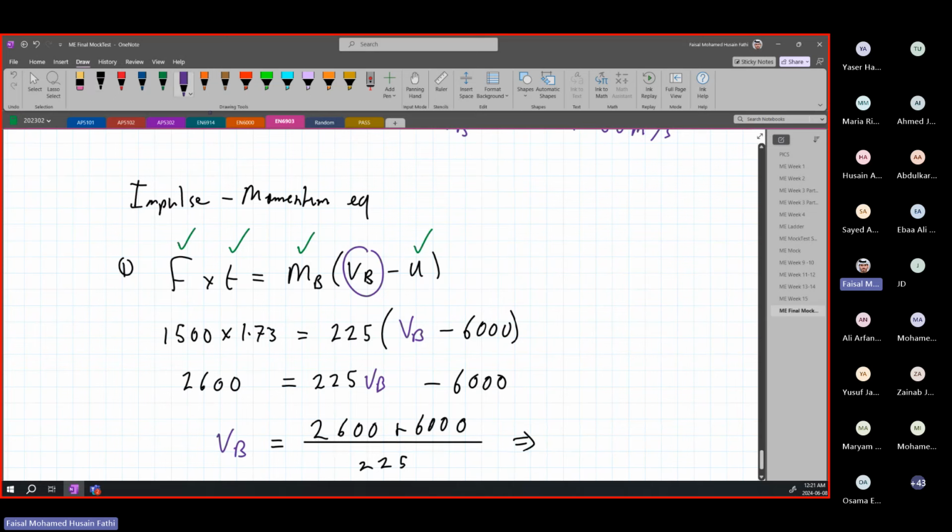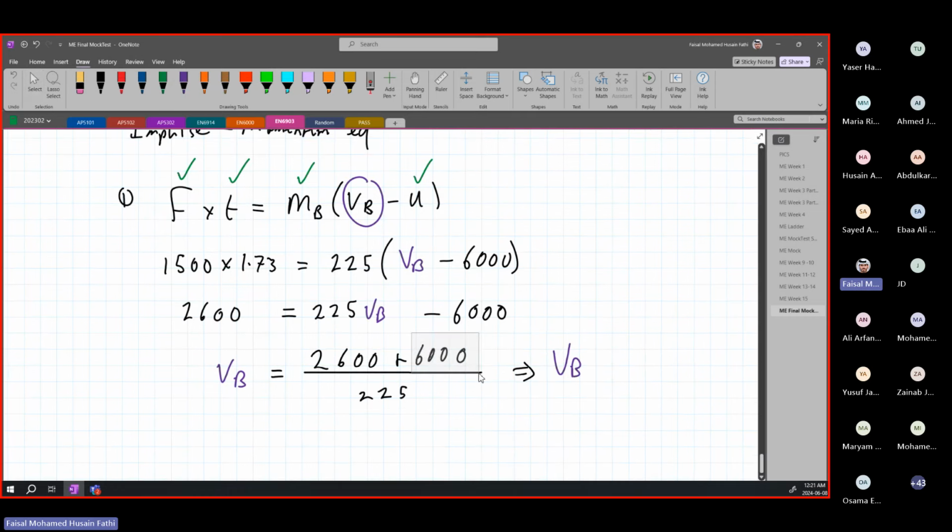So VB should be the exact same answer that we have found earlier, which is definitely not the case. What did I do wrong here? Wait a minute. Oh, I forgot to multiply this by 225. This isn't minus 6,000. I forgot to distribute.